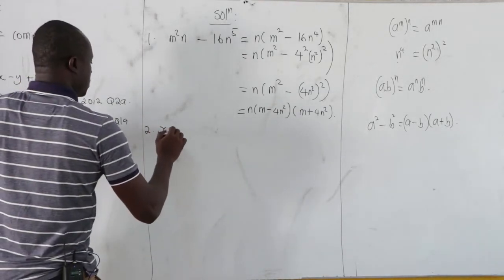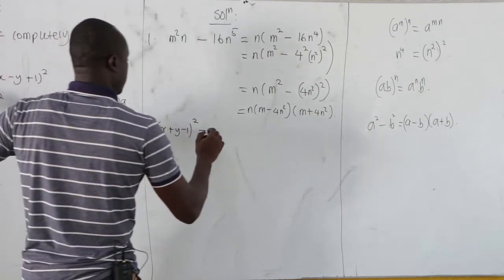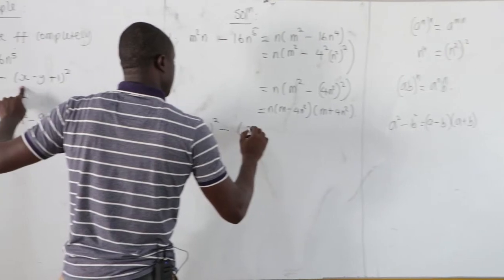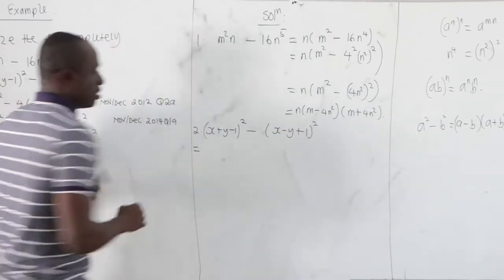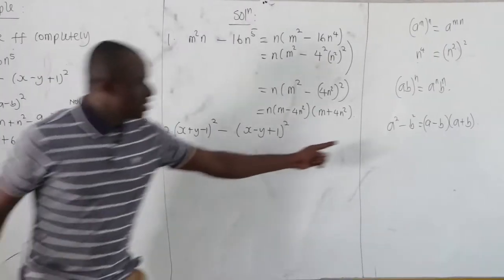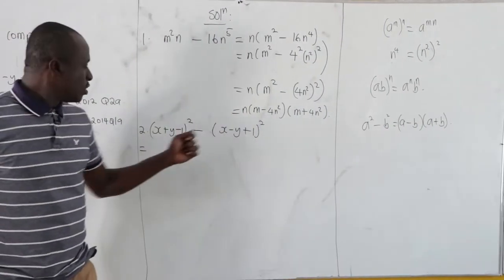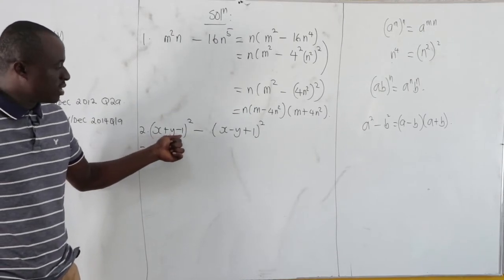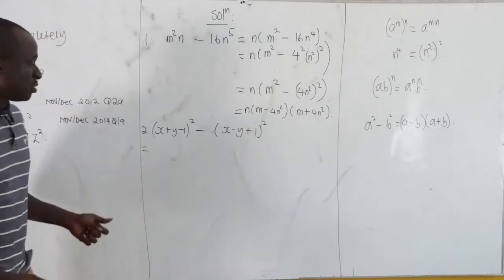That is x plus y minus 1 all squared minus x minus y plus 1 all squared. Now clearly from this, that's difference of 2 squares. And this is the same thing, difference of 2 squares. So our a is x plus y minus 1. Then our b is x minus y plus 1. So difference of 2 squares.